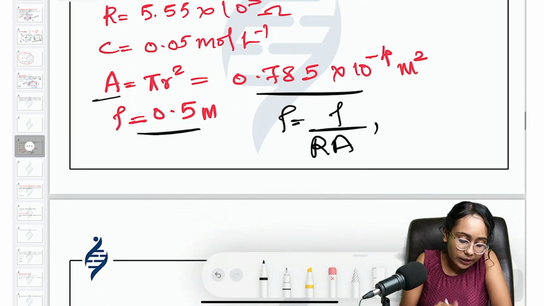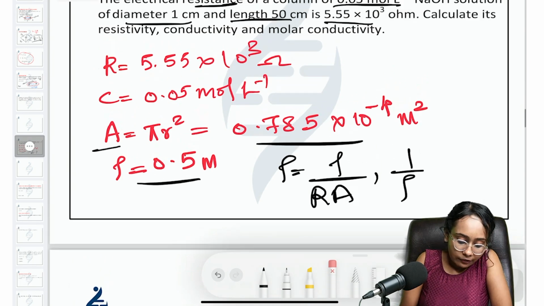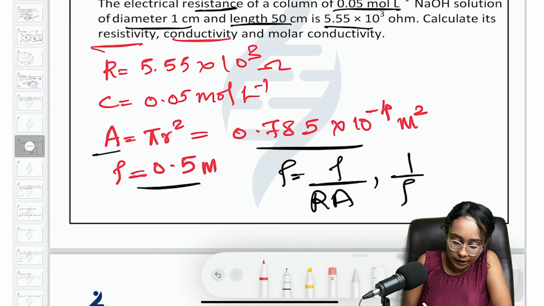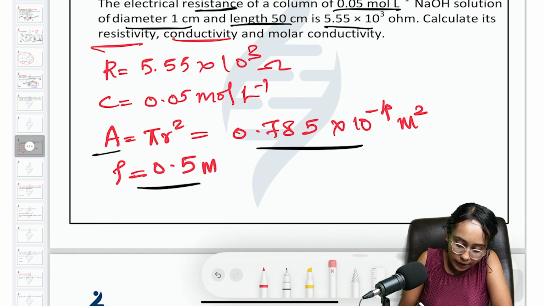Conductivity K is equal to 1 by resistivity, 1 by rho. We have already found the resistivity value. The first sub-question was to find the resistivity. By taking the reciprocal, you will get the conductivity. Now you are asked to find the molar conductivity. How do you find it?